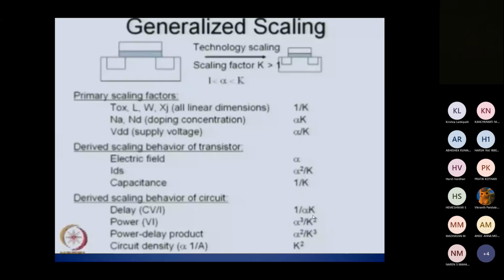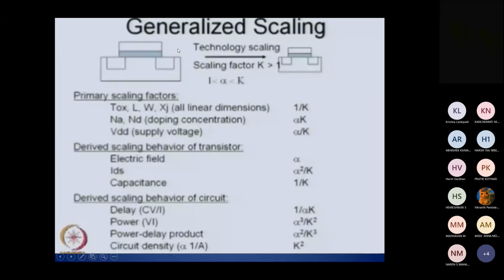Now, if you ask me what type of scaling is generally used in the normal CMOS industry, basically generalized scaling is mostly used. This is the most adaptable scaling methodology as far as present CMOS technology is concerned.